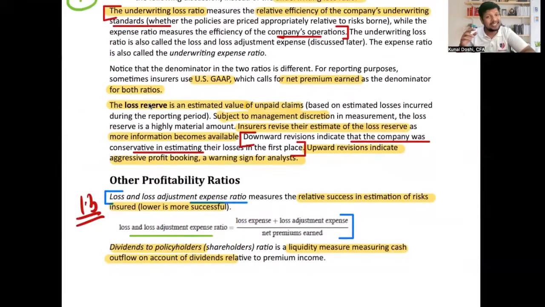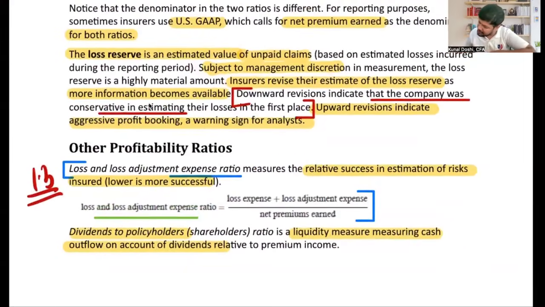In the underwriting loss ratio, it was claims paid, correct? Here, the loss and loss adjustment ratio is loss expense plus loss adjustment expense. This is more accurate in terms of measuring the loss of the insurance companies.